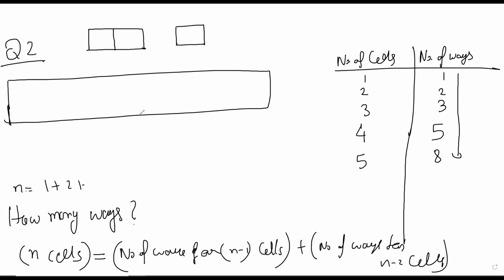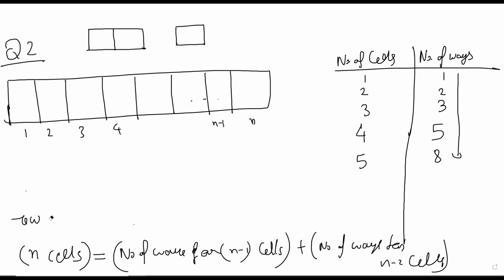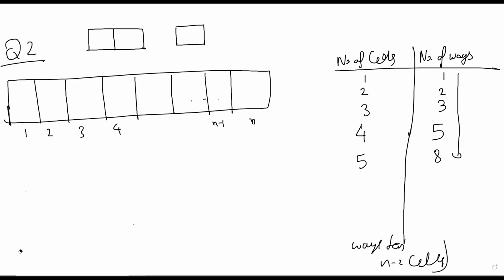So let's try to do that. Suppose that there are n cells. This is the first cell, second cell, third cell. Let's say that we are trying to tile this, and count the number of tilings.